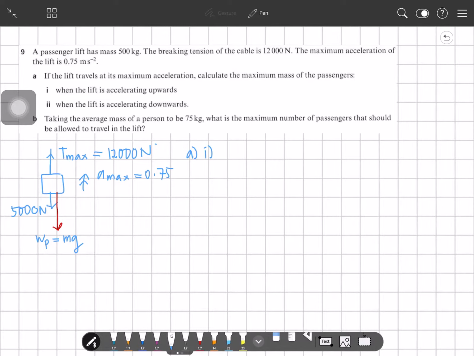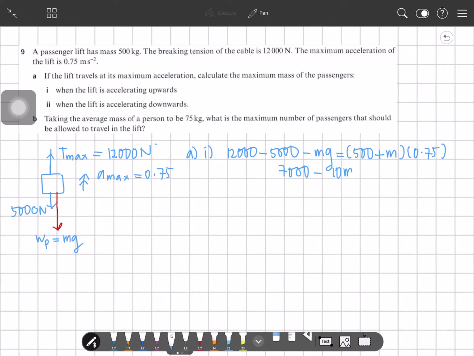So for question A, 1 Roman, we have 12,000 minus 5,000 minus mg equal to the total mass of the system, which is 500 for the mass of the lift plus m for the mass of passengers, multiplied by the maximum acceleration, which is 0.75. Alright, and then simplify the equation.